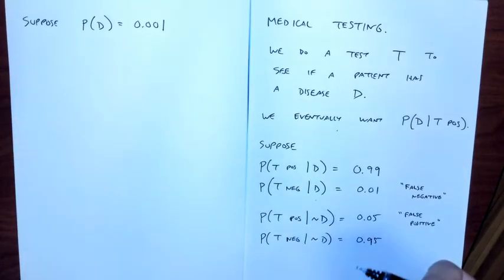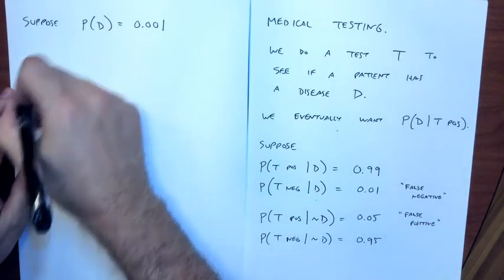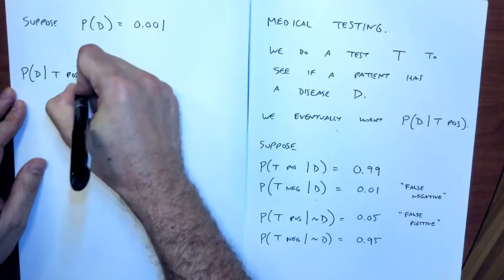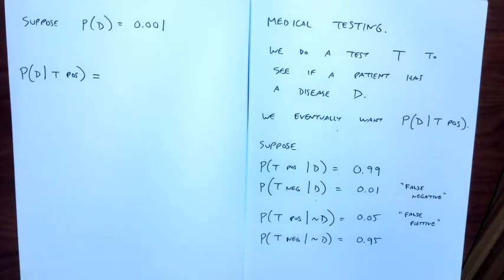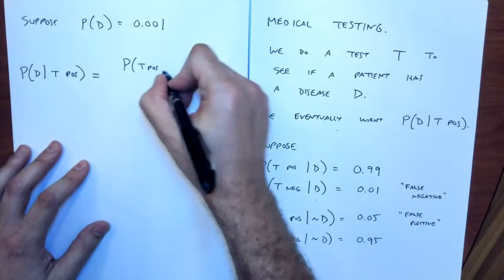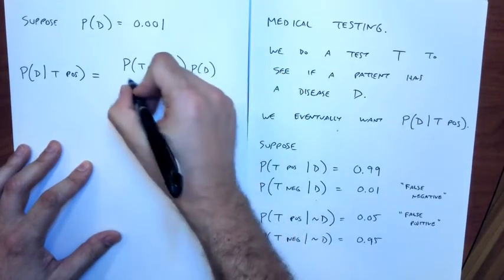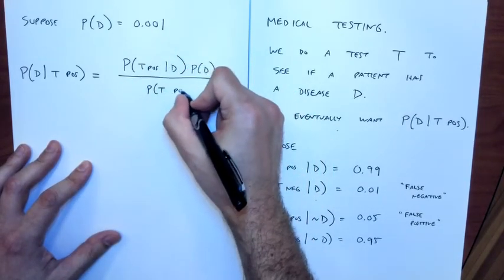So now I can compute the probability of disease given that the test is positive. Again, I'm going to apply Bayes' rule: the probability that the test is positive given the disease, times the probability of the disease, over the probability that the test is positive.